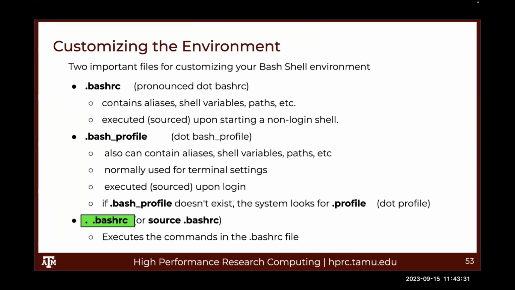And it's executed, or what we call sourced, whenever you start a non-login shell. The .bash_profile also contains these things. This is what's normally used for terminal settings, and this is what's executed upon login.